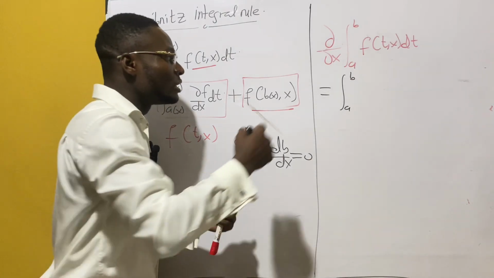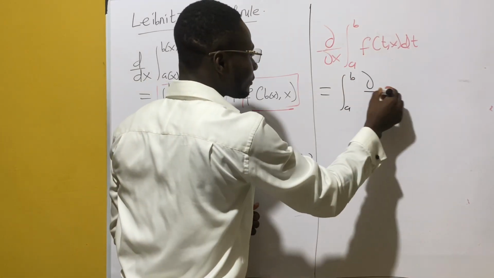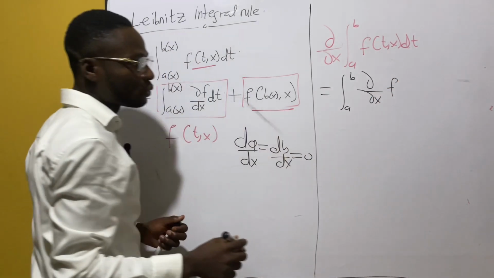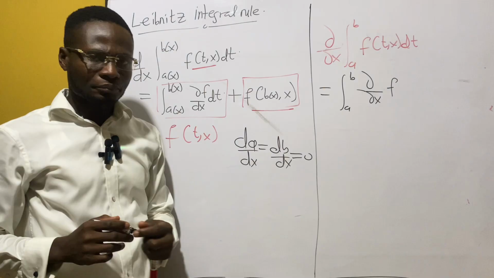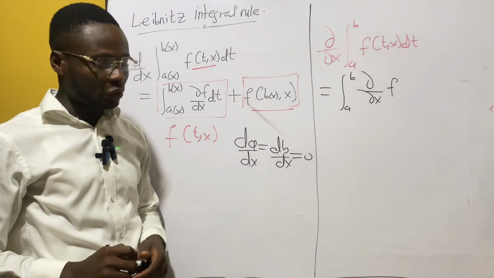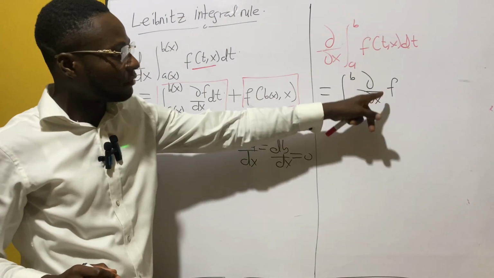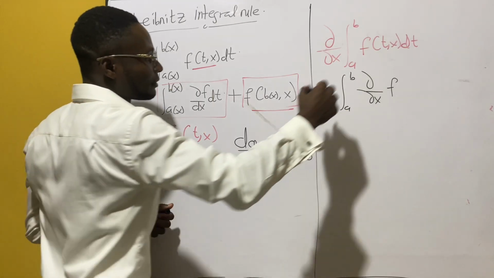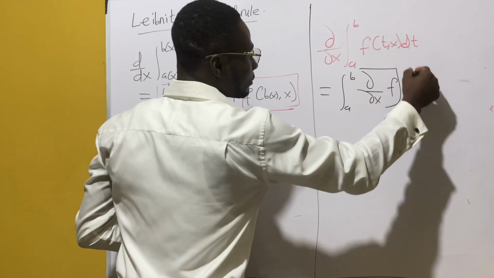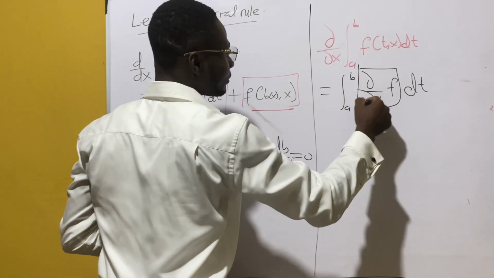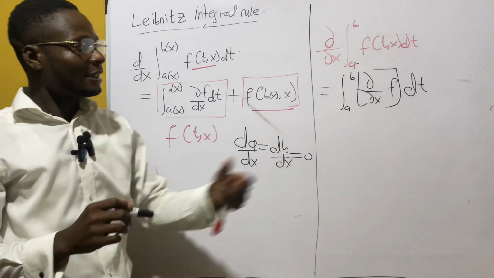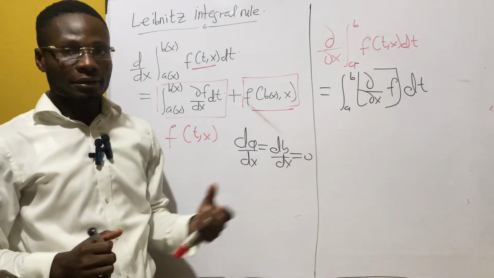So we have the partial derivative of the function with respect to x times dt. That is the simplified formula.